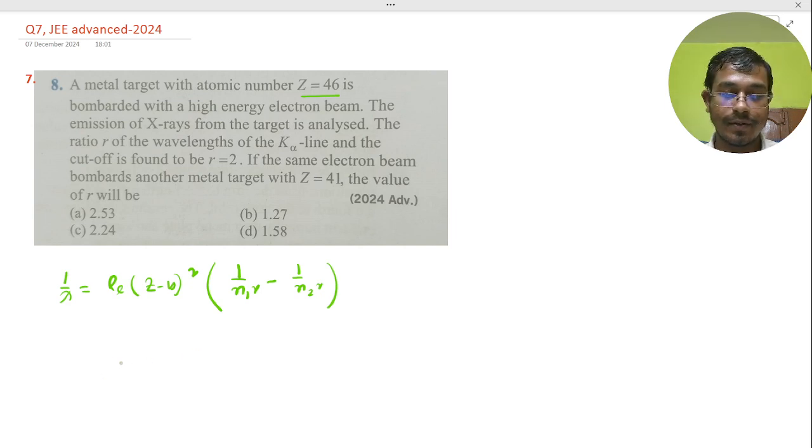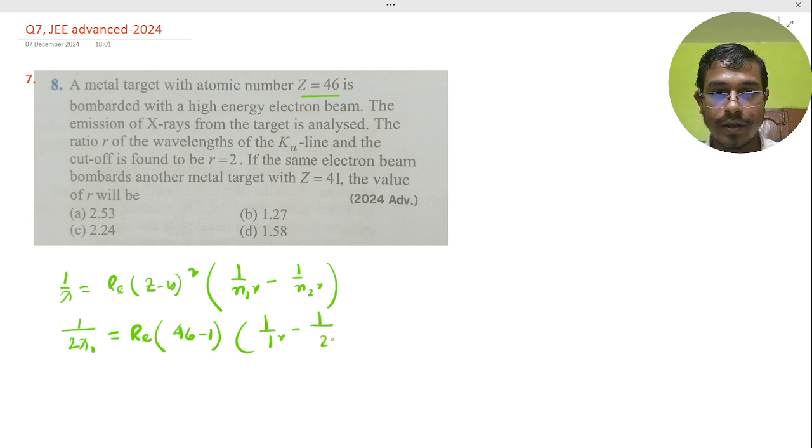So basically here we get the value, for 2 lambda naught is equal to R given that 46 here minus 1, just put the value, 1 square minus 1 by 2 square. This is equation number 1.